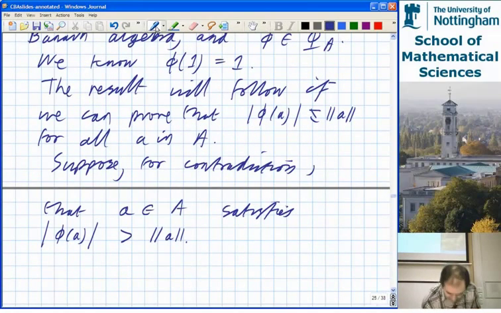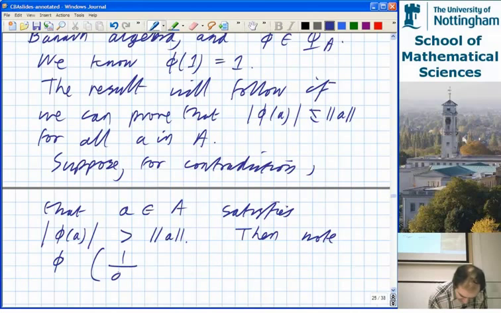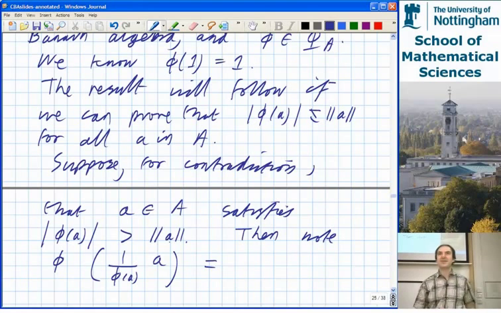Well, then note that phi of A times 1 over phi of A is 1. Just multiply A by the complex number 1 over phi of A, which of course is not 0, since its modulus is greater than something, so it's not 0.